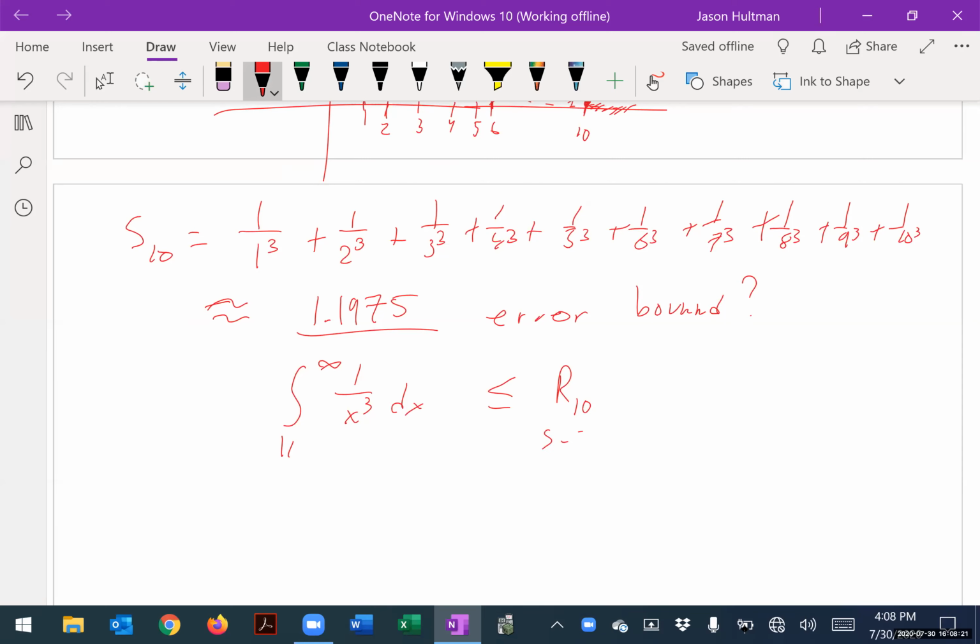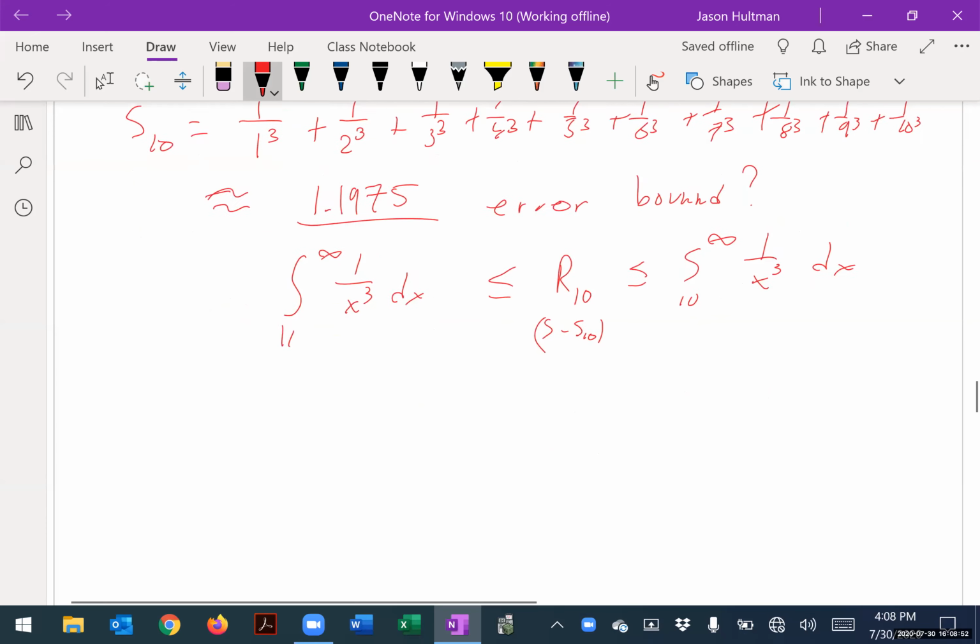This is S minus S10, the actual sum versus the approximated sum going out to 10 terms. This is less than or equal to the integral from 10 to infinity of 1 over x cubed dx.